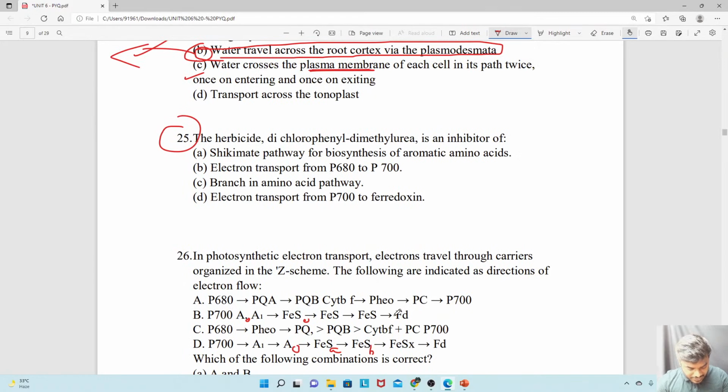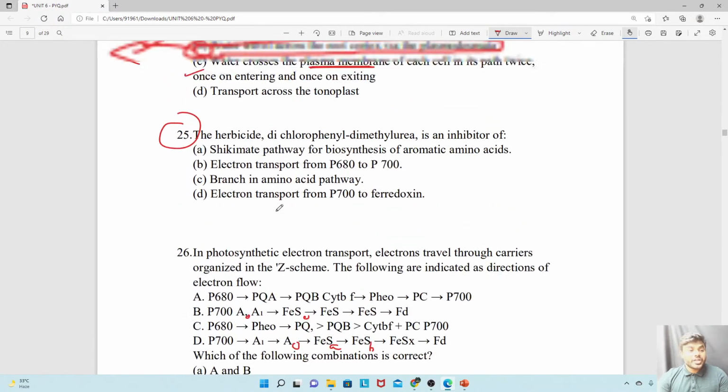Okay, question number 25. What will be the answer, friends? Okay, fantastic.